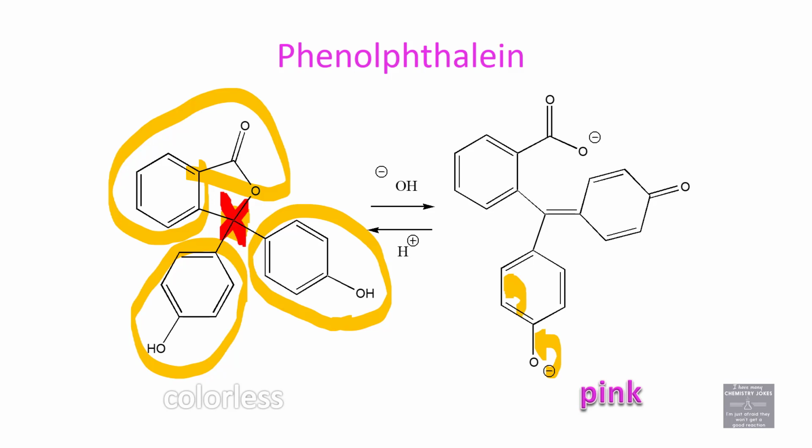And anytime you can draw resonance arrows like all of those, that whole system is conjugated. And when that whole system is conjugated, it's likely to be a colored compound because it probably has a lambda max in the visible region. I realize that was pretty confusing, but I'm done.